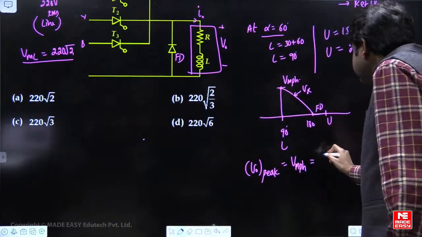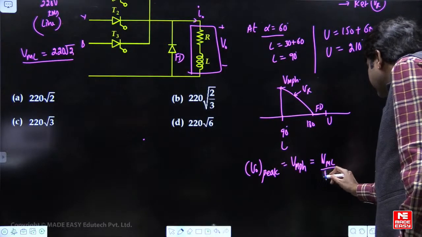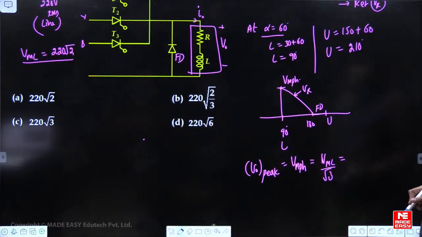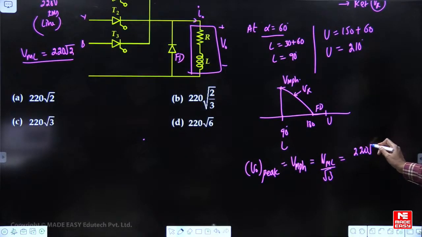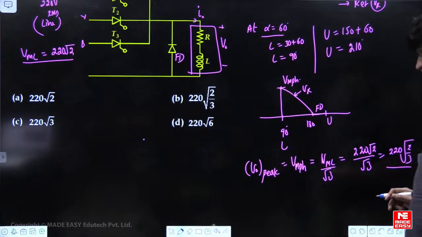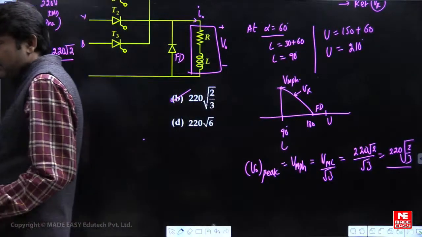Phase voltage is the peak line voltage divided by root 3. So this is 220 into root 2 divided by root 3. So the answer is 220 into square root of 2 by 3. Okay, so the answer is option B.